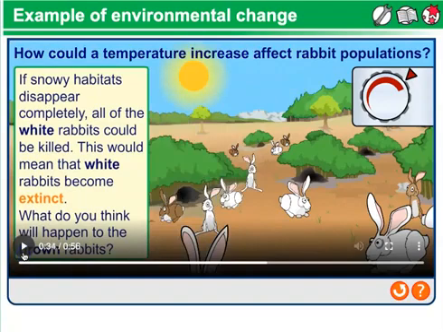If snowy habitats disappear totally, all of the white rabbits could be killed. This would mean that the white rabbits became extinct. What do you think will happen to the brown rabbits?